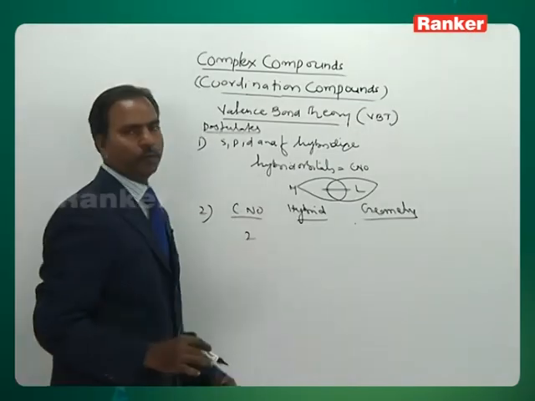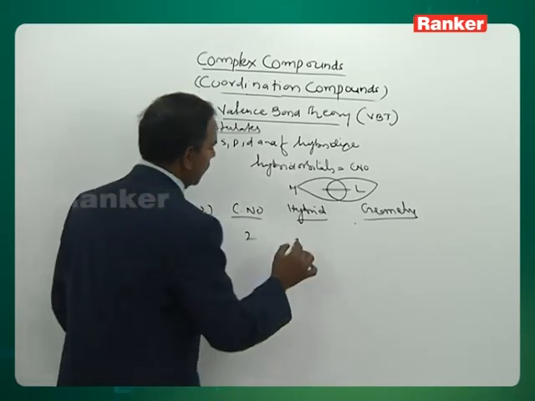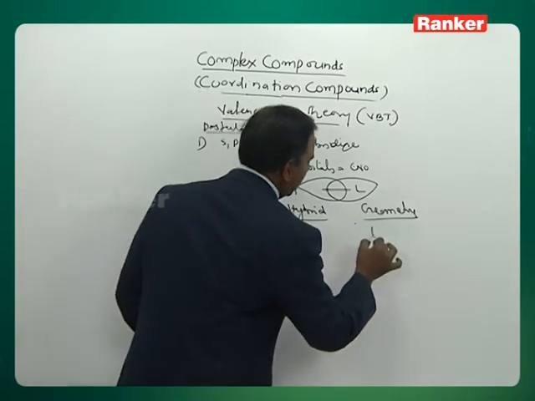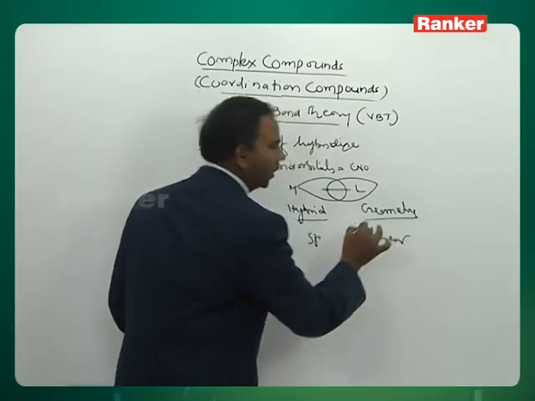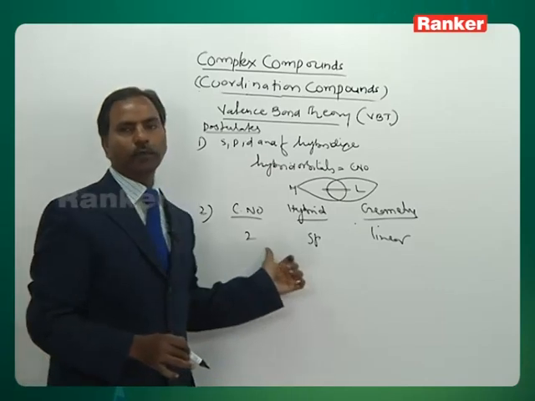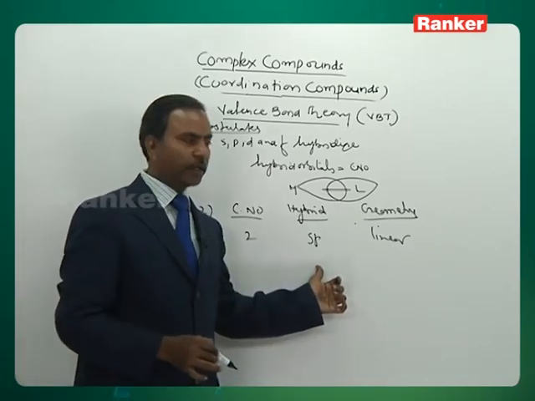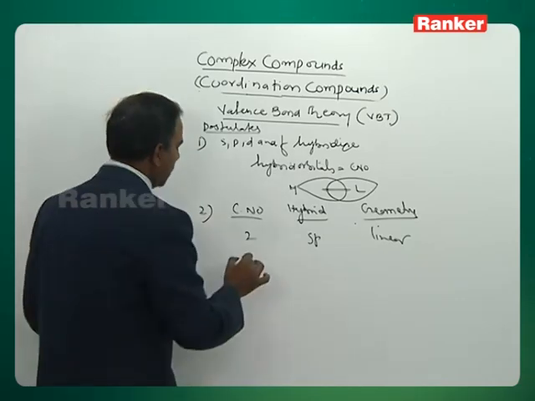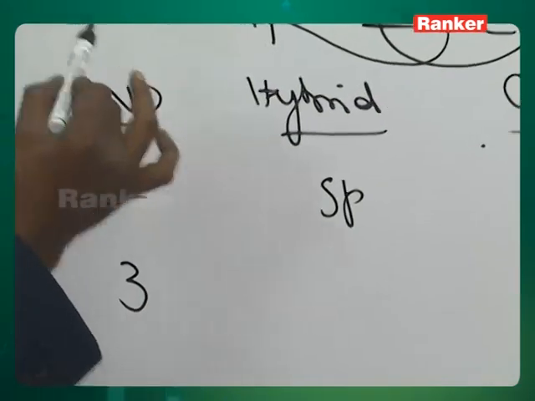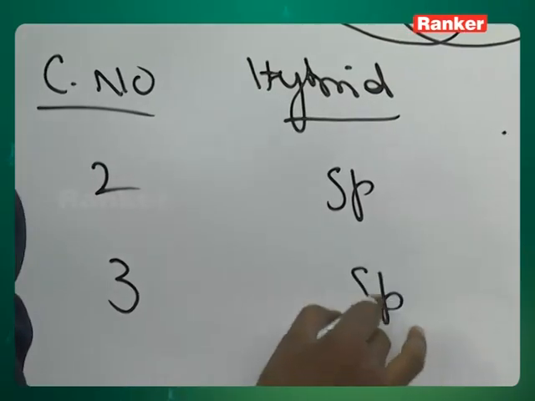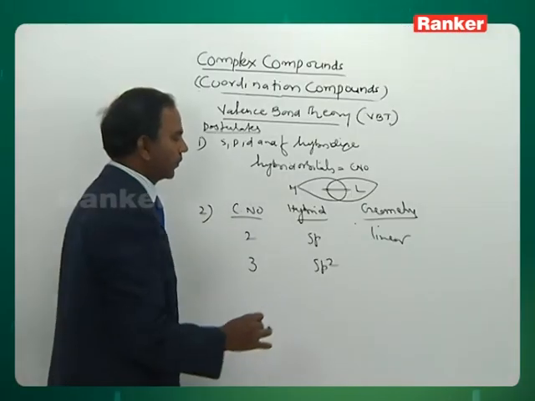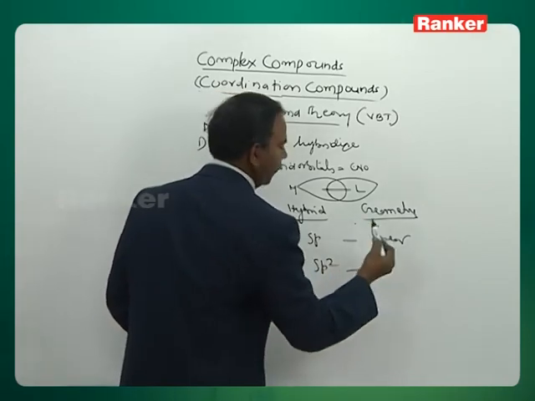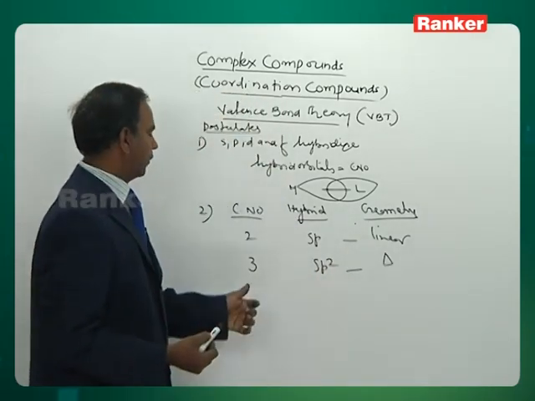Consider coordination number 2, well known to you. Then it is sp hybridization, and the geometry comes to be linear. Consider coordination number 3; you know well, this is sp2 hybridization, and the geometry is trigonal planar.